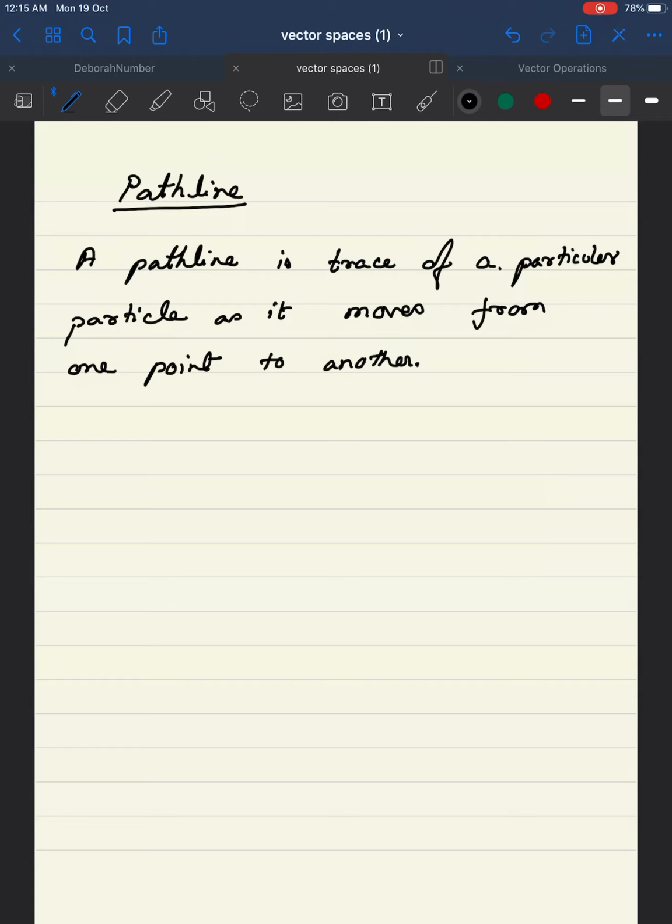Okay. So experimentally, how do you see this? It can be done by visualizing a particular tagged fluid particle and taking maybe a long exposure photograph of the fluid motion. So if you have access to a path line, basically these are snapshots.